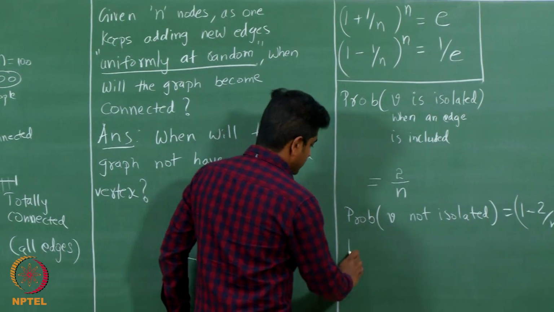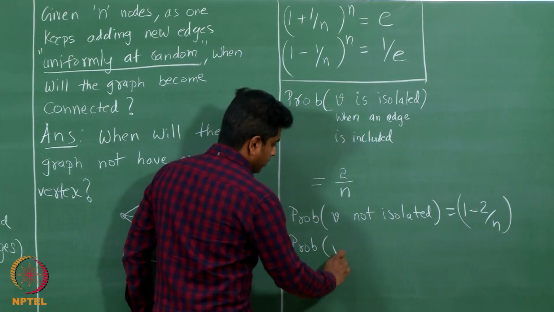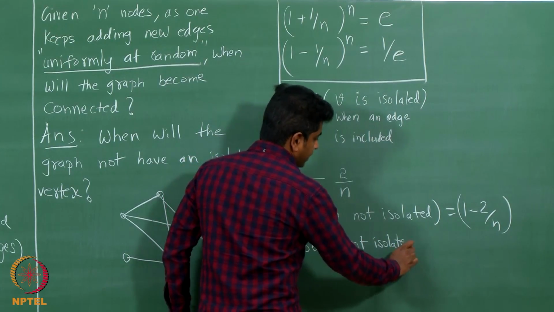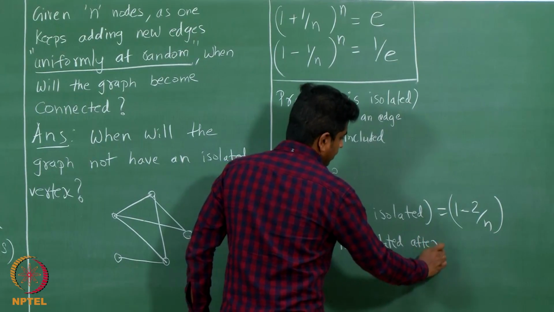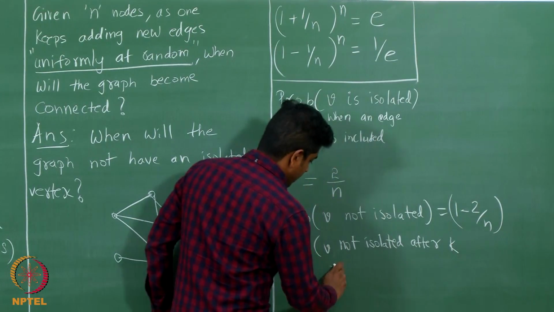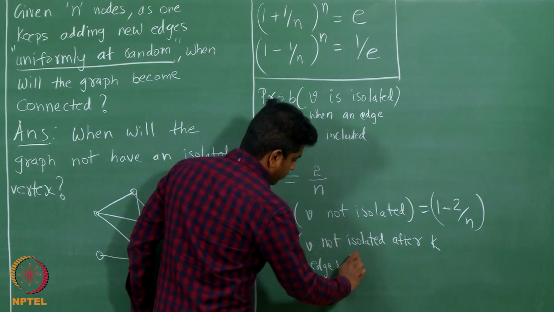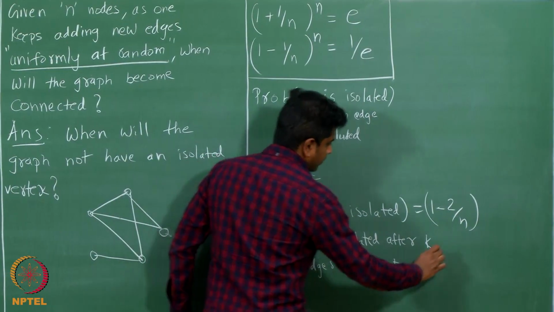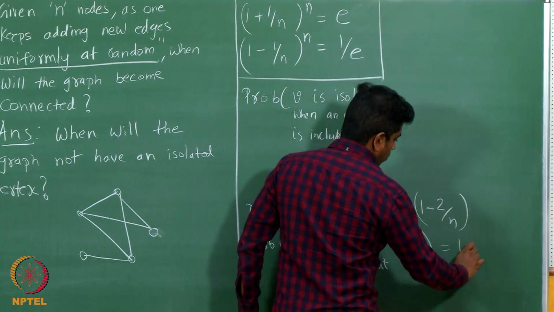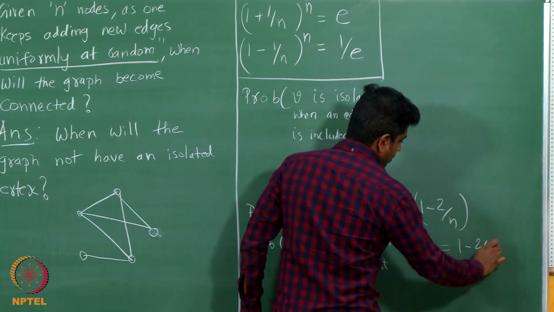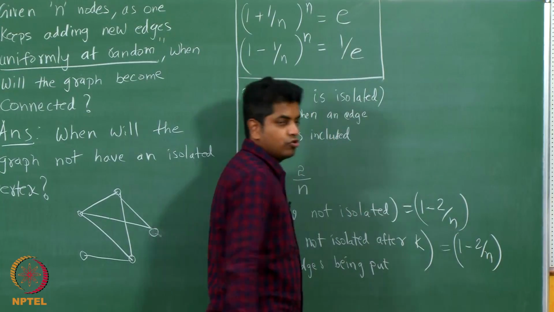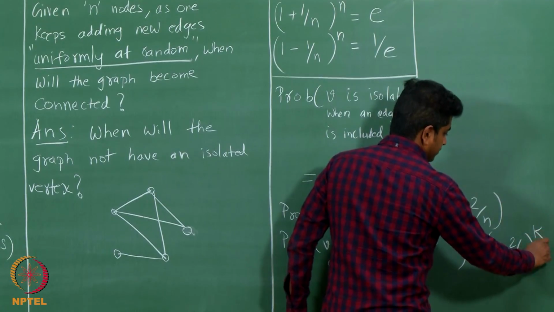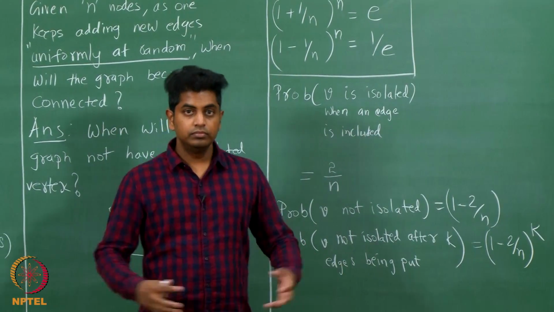So the probability of V not being isolated after k edges being put is (1 - 2/n) times (1 - 2/n) times (1 - 2/n), so on k times, right.